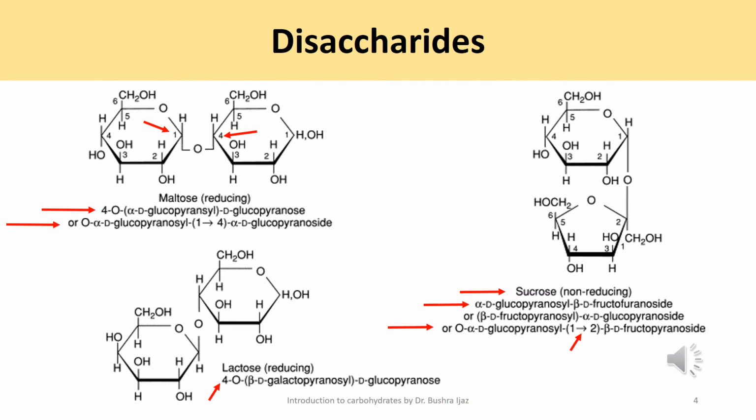Because the disaccharide retains a free anomeric carbon at carbon number 1, maltose is therefore a reducing sugar. The configuration of the anomeric carbon atom in the glycosidic linkage is alpha. The glucose residue with the free anomeric carbon is capable of existing in alpha and beta pyranose form.